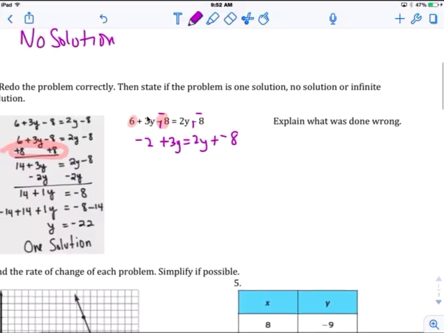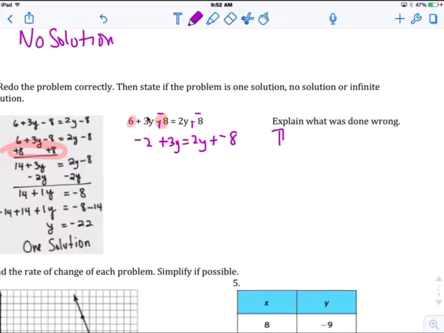Explain what was wrong. They should have added 6 plus -8.